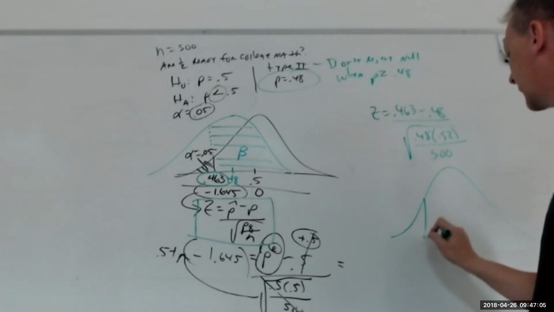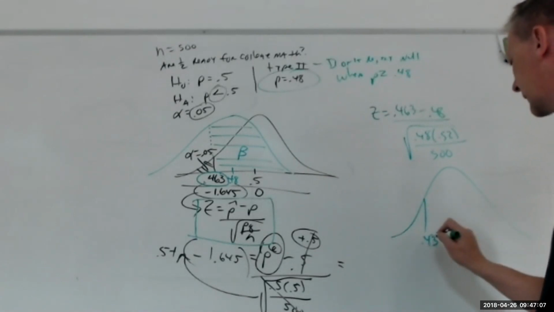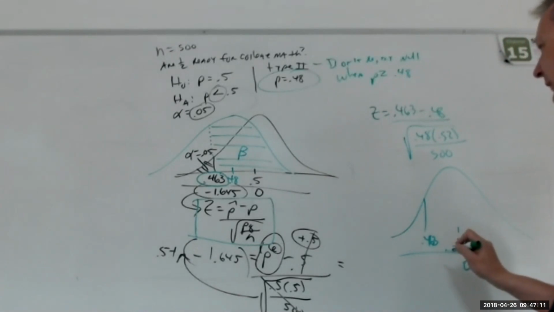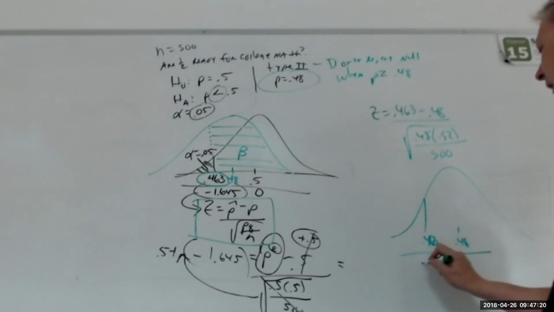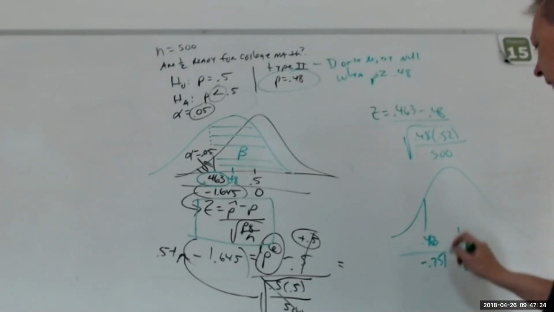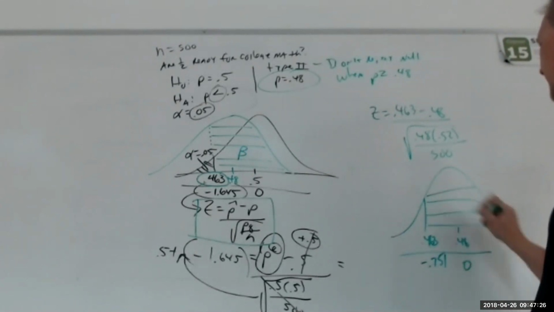We're going from 0.463. I've converted the 0.48 to a 0, and I've converted the 0.463 to negative 0.75, and I want this area to the right.